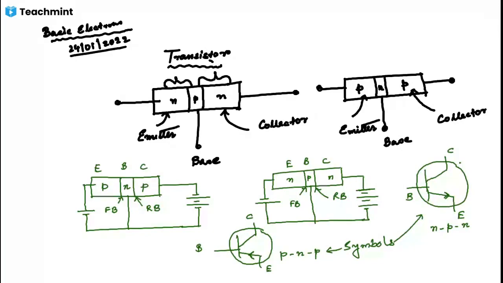The weak signal is introduced in the low resistance circuit and the output is taken from the high resistance circuit. Therefore, a transistor transfers a signal from a low resistance to a high resistance. That's why it is called transfer of resistance. Understand why the name transistor came?